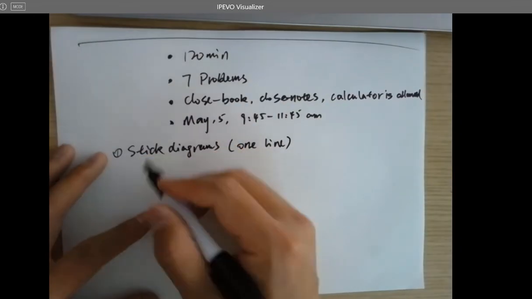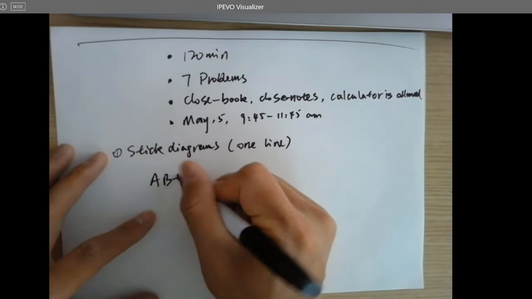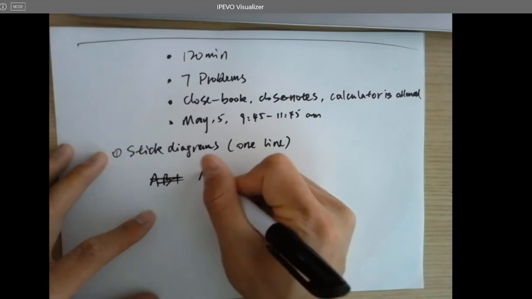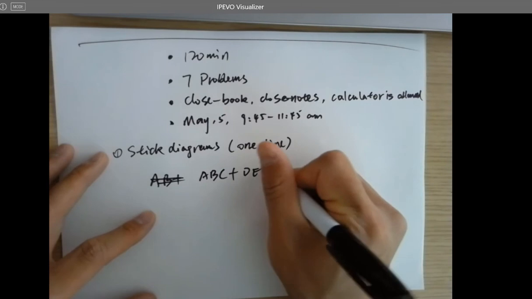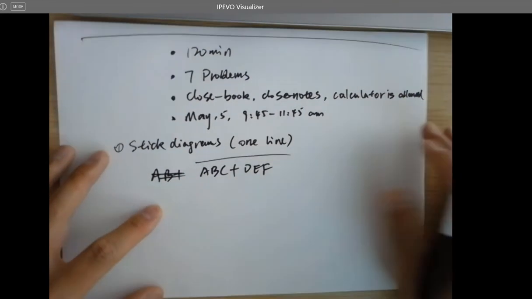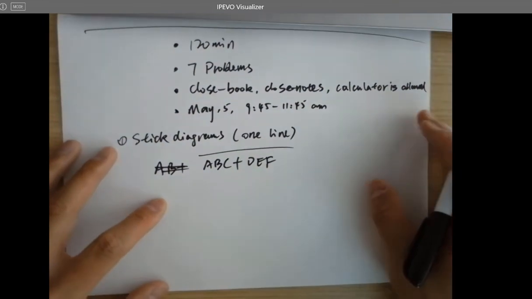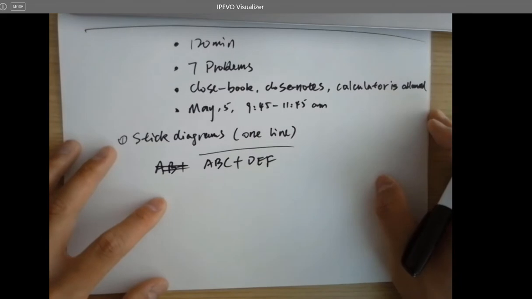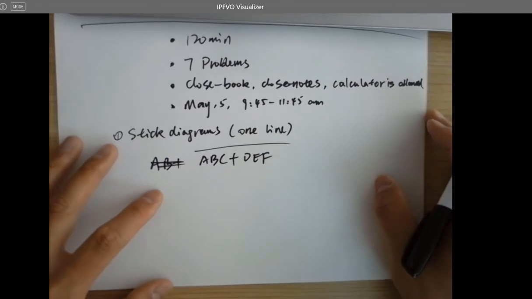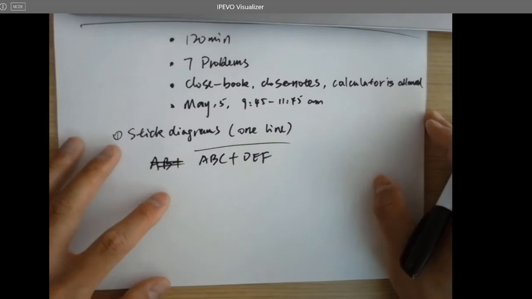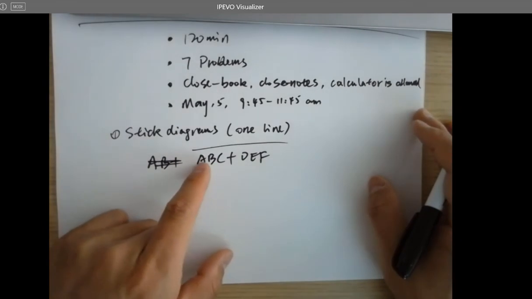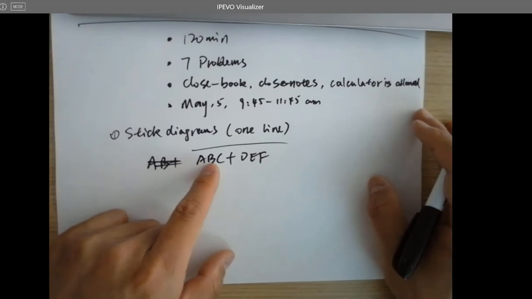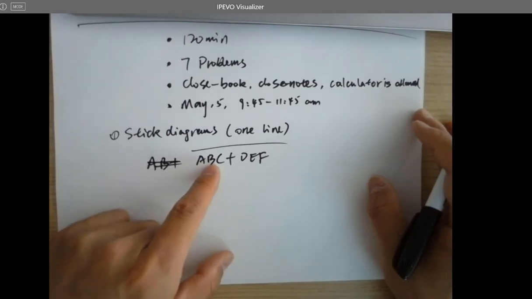So if I have ABC, or, let's do ABC, or DF, like this. That is 3 transistors in parallel on the top, right? ABC. So as in NAND logic, they should be in parallel on the top.